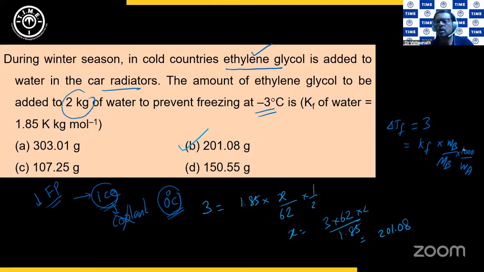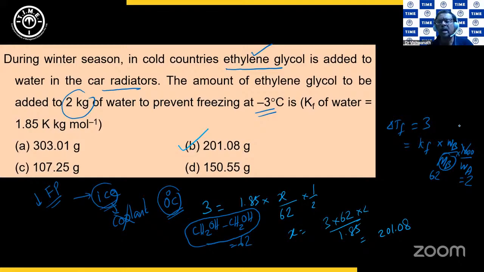So this 1000 is not required. I'll directly put 2 here. This molar mass of ethylene glycol is how much? 62. Ethylene glycol is what? CH2OH, CH2OH. Add up carbon 12, hydrogen 1, oxygen 16, and this will be 62, right? So that 62 we have placed here.